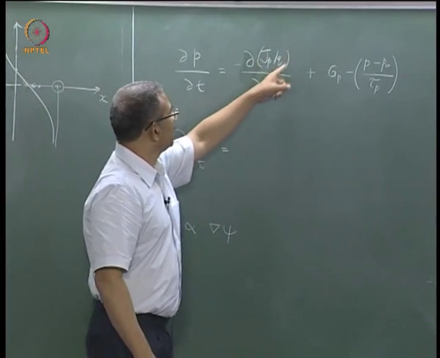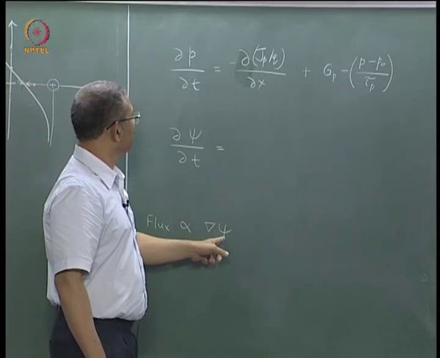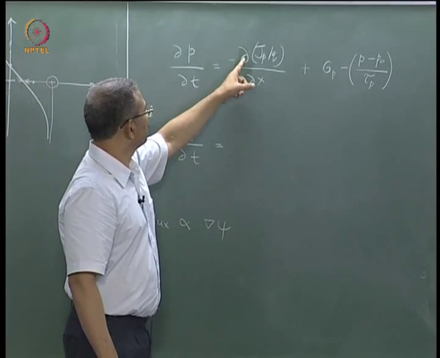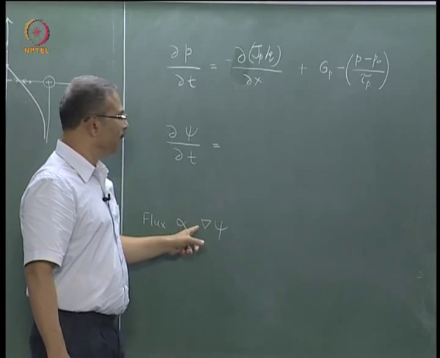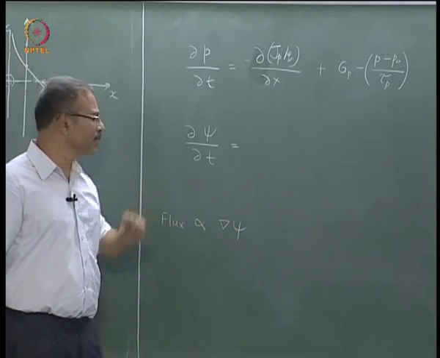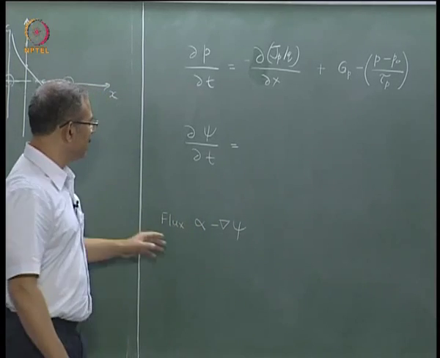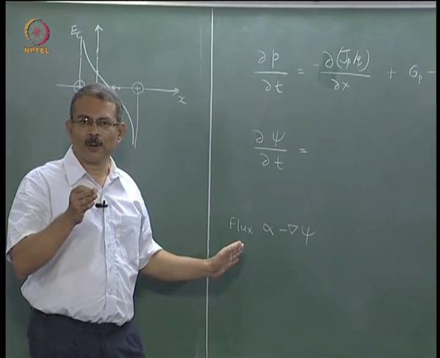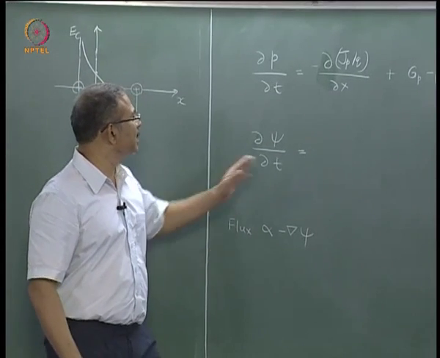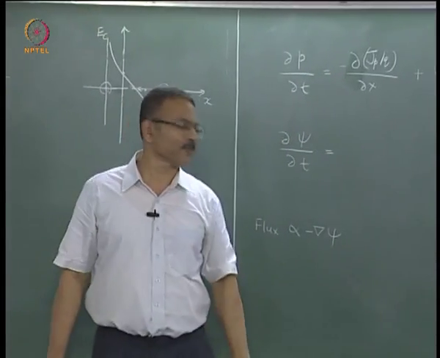So the quantity here we should put in terms of the gradient of psi. Now if you take the divergence of this gradient of psi, then you will end up with a del square term, right. Now further, flux is proportional to minus gradient of psi, because the current is from higher probability to lower probability, just as the current is from higher hole concentration to lower hole concentration if you assume diffusion.